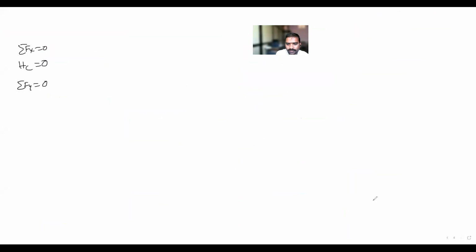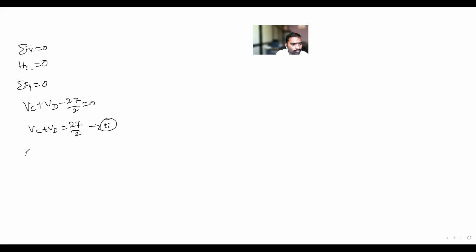So VC plus VD minus 27 by 2 is equal to 0. So VC plus VD is equal to 27 by 2. That is equation number 2.